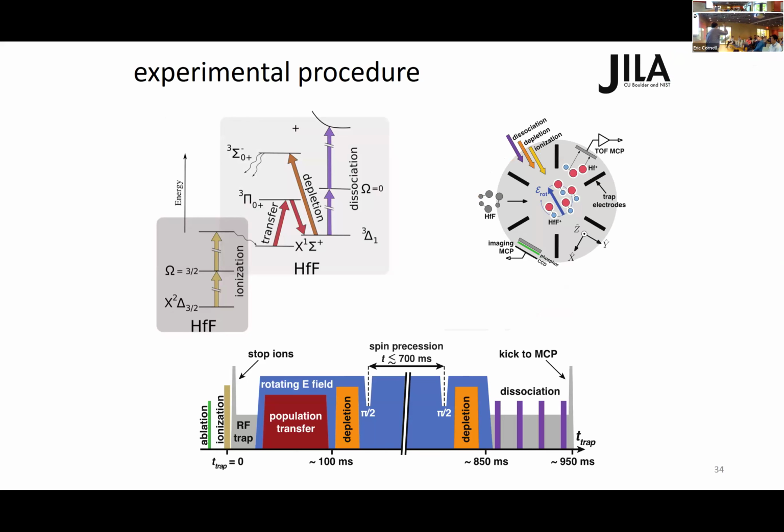Alas, these molecules have a very non-diagonal Franck-Condon matrix, so we have to have multiple lasers for repumping vibrational levels and for moving them around in the Zeeman manifold, and a very elaborate sequence of pulses and so on to do what at the end amounts to just Ramsey spectroscopy on the spin. But to get there, it's a lot of steps, which I'm not going to spend a lot of time talking about today, just because it's pretty specialized. I love to talk about it. Come see me and we'll talk about the ACME EDM experiment for as long as you like.